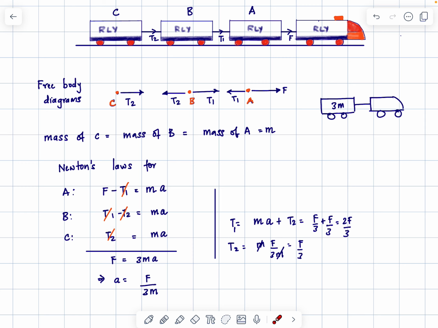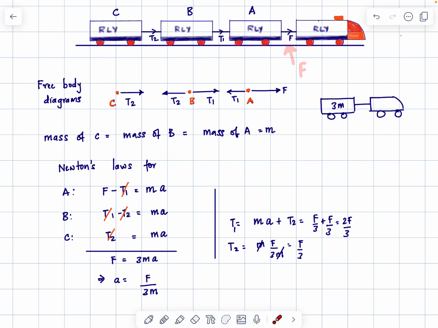Nevertheless, if you look at the tension in string 2, T2 is m times F divided by 3m, so it's F by 3, and T1 equals ma plus T2, so it's F by 3 plus F by 3, which is 2F by 3.